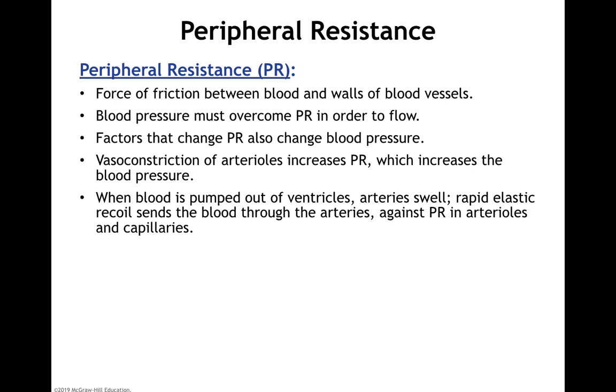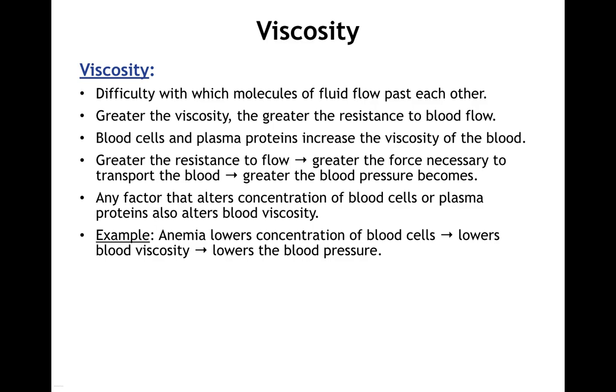When blood is pumped out of the ventricles, the arteries will swell, and they have a rapid elastic recoil that sends the blood through the arteries against that peripheral resistance and into the arterioles and capillaries.